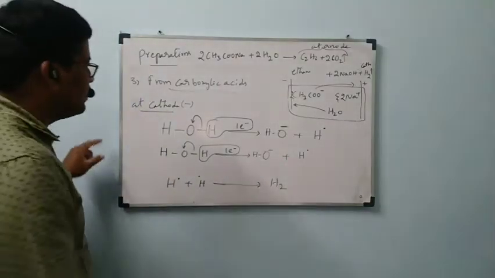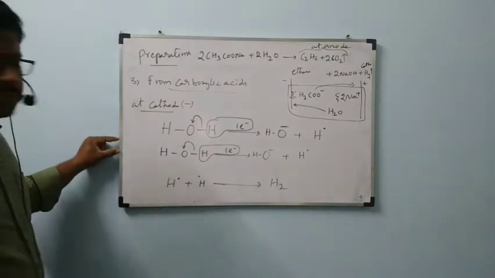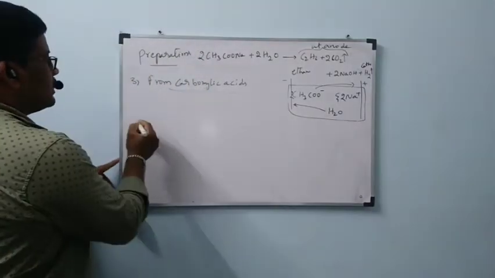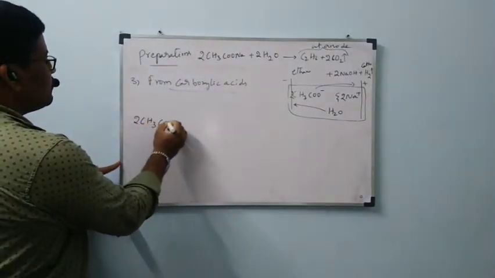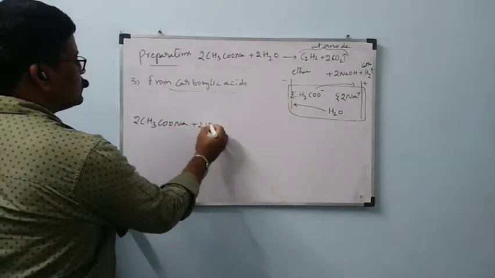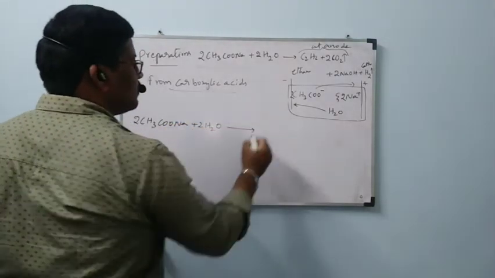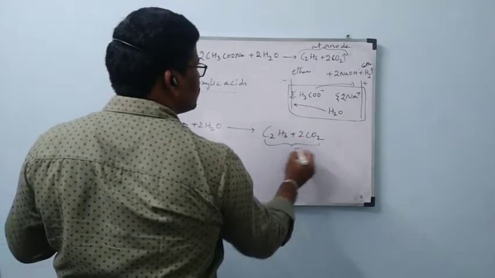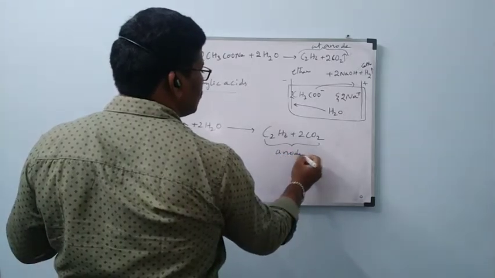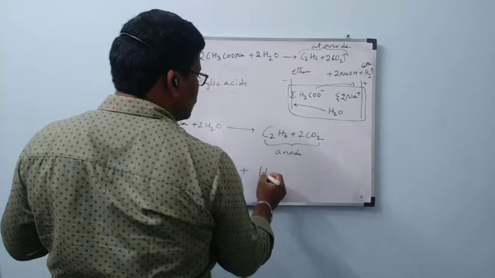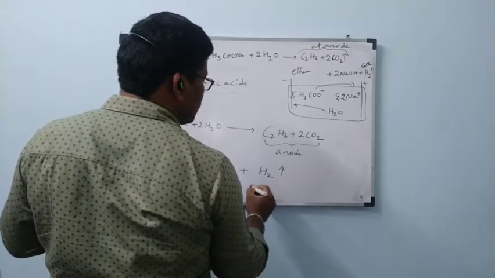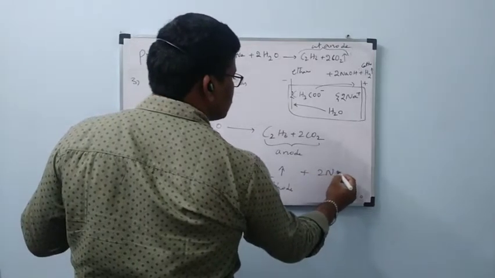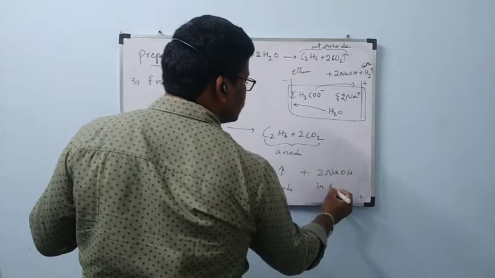Finally, the overall reaction: 2CH3COONa plus 2 moles of H2O gives C2H6 plus 2CO2, the products obtained at the anode, plus H2 gas obtained at the cathode, plus 2 moles of NaOH which remain in the solution.